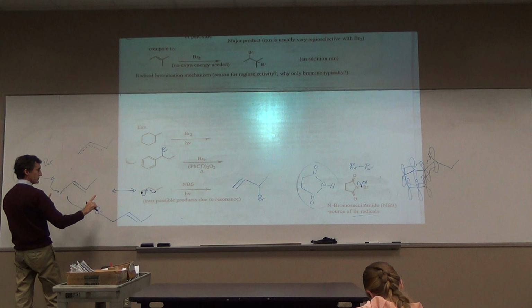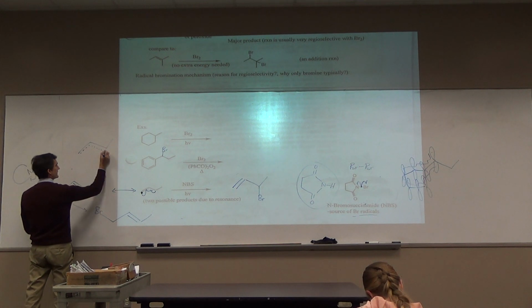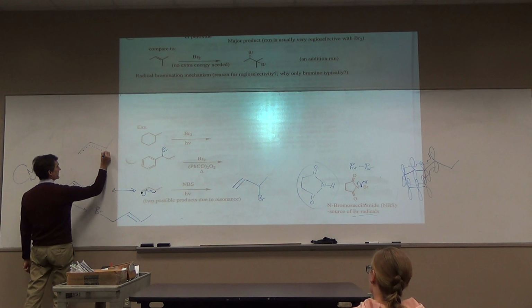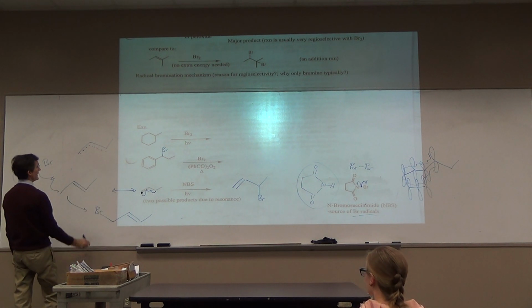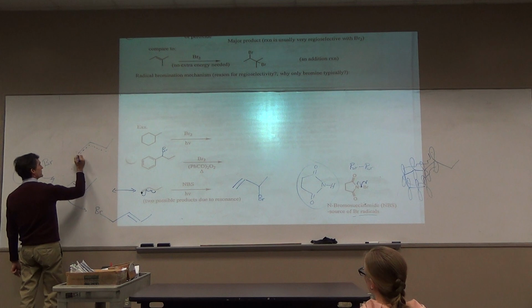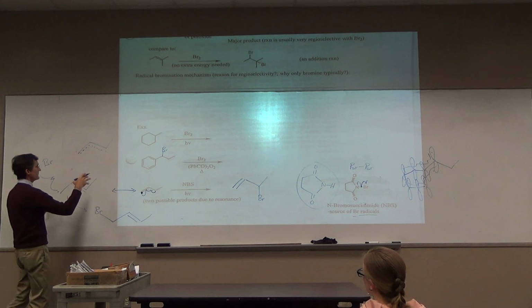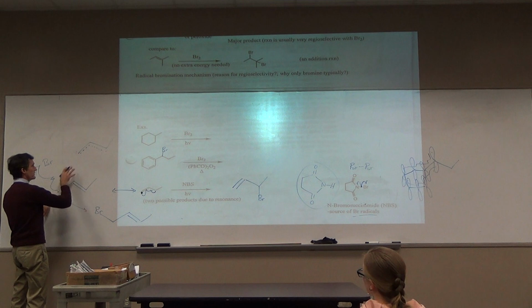It's hard to draw blends. You got sort of a radical here. What is it, a half electron? I don't know, and you got sort of an electron here. But the bromine, either this can take the bromine radical or this.